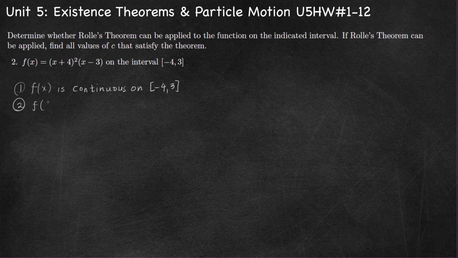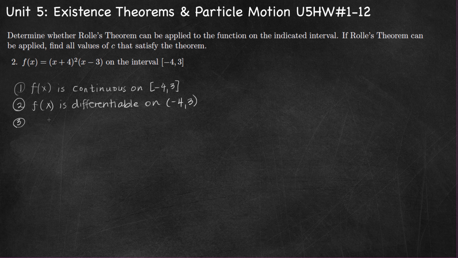Number 2, f of x is differentiable on the open interval from negative 4 to 3, and I know this because f of x is a polynomial, and polynomials are continuous and differentiable everywhere.